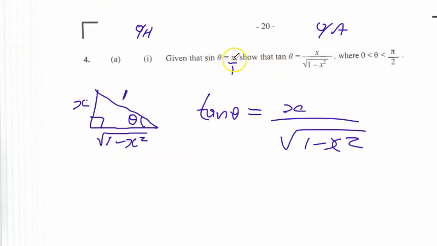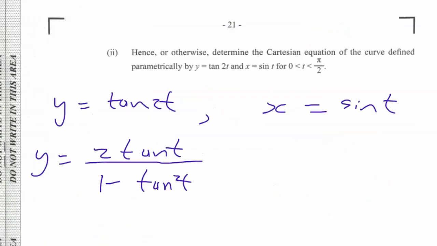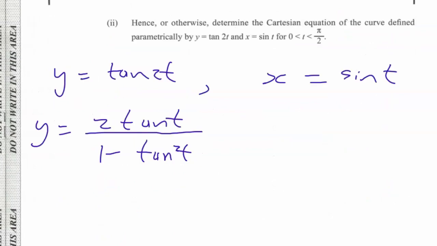Now, if we compare tan t and sine, we are told that sine theta equal to x, tan theta will be equal to this. The same situation here. We are told that if sine t is equal to x, then tan 2t would be equal to the same thing. Alright, again, let me just redraw the triangle here.